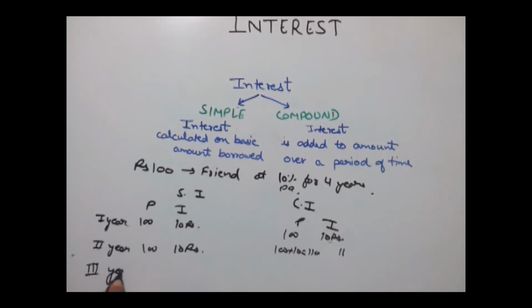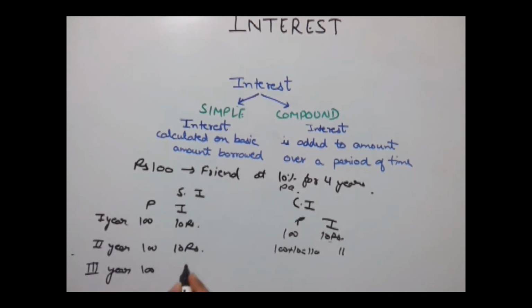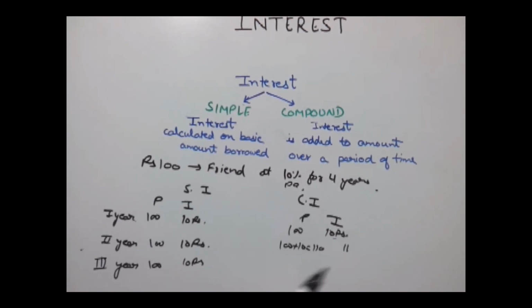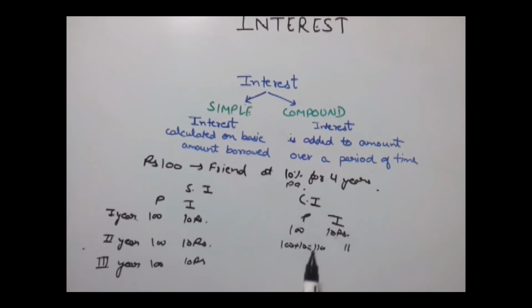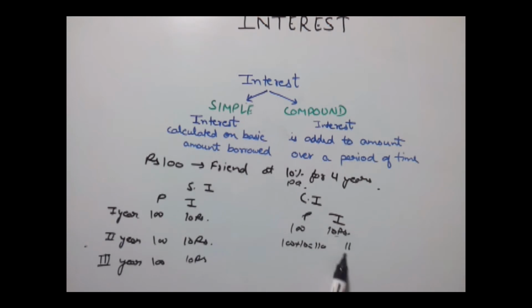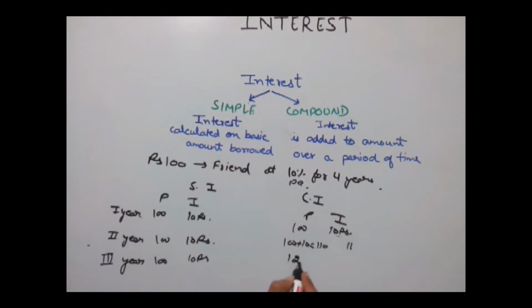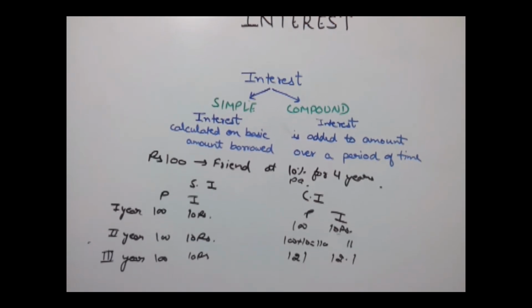In the third year, your principal in simple interest would be 100 only and interest would be 10 rupees, that is 10% of 100. Whereas in the case of compound interest, your principal would become 110 plus 11, that is, principal plus interest is the new principal, which gives you 121, and in this case your interest would be 12.1. Similarly for the fourth year.